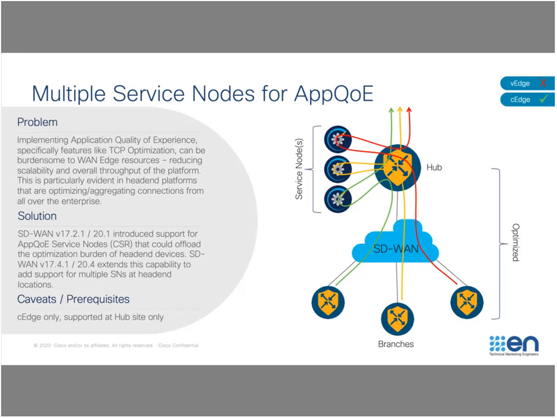So really all this is going to do is give us additional compute capability, if you will, or TCP optimization capability. So now you can have multiple service nodes, I think up to 6, if I'm not mistaken, sitting adjacent to that ASR, all performing TCP optimization functionality and offloading that capability off of the ASR or the hub site router so that it can scale higher.